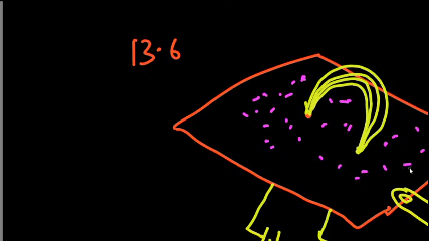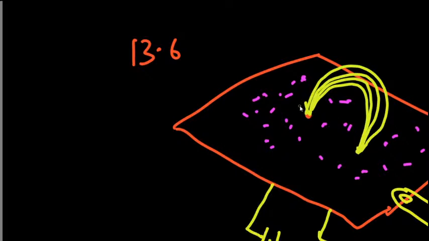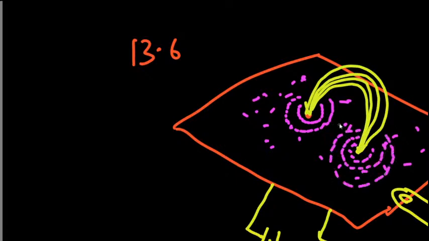Tuck, tuck, tuck. And what do I see? I see that now these iron filings are arranging themselves in concentric circles, the same way like we had done in the previous one.